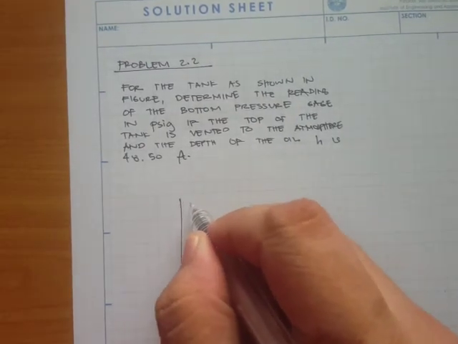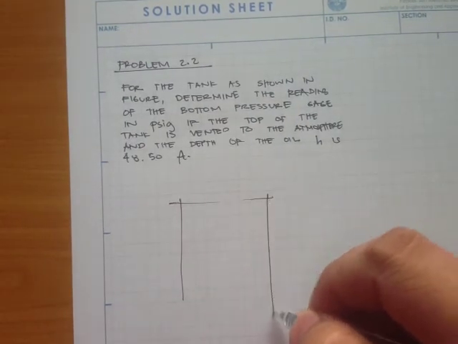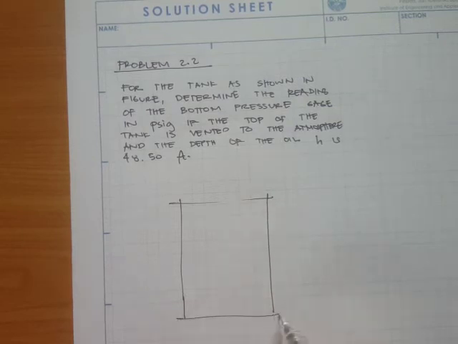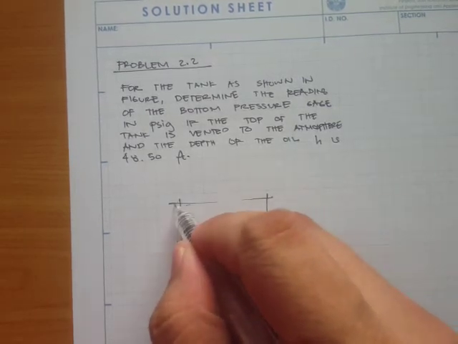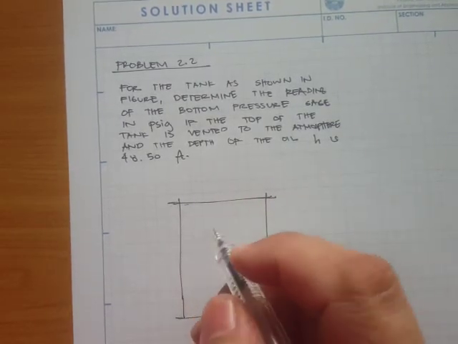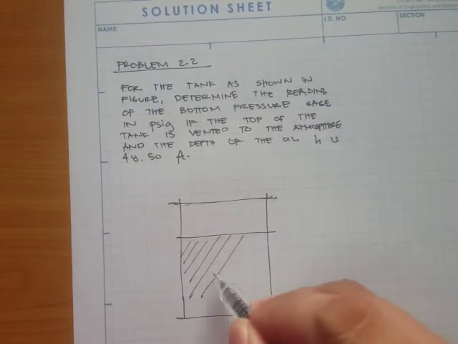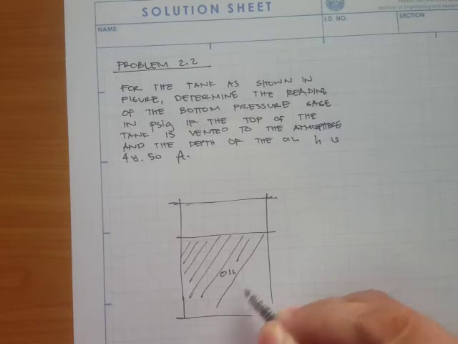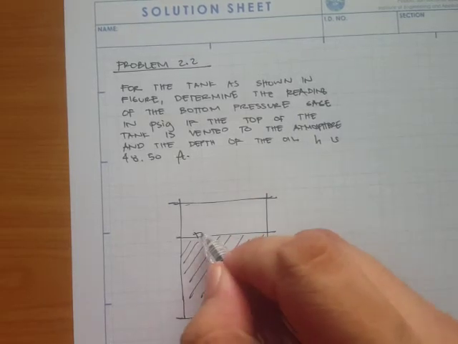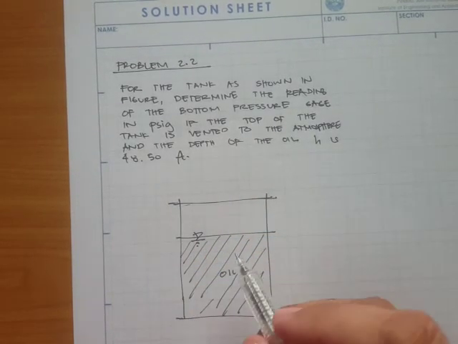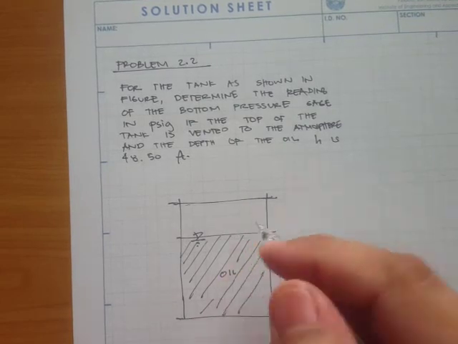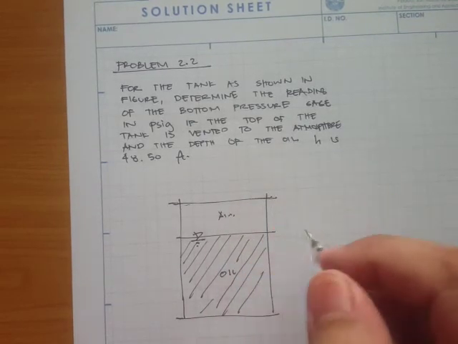Alright, so we have this container right here, and it says that this container is filled with oil, right? So this is oil, and this is the surface, and this is oil. This one is air.